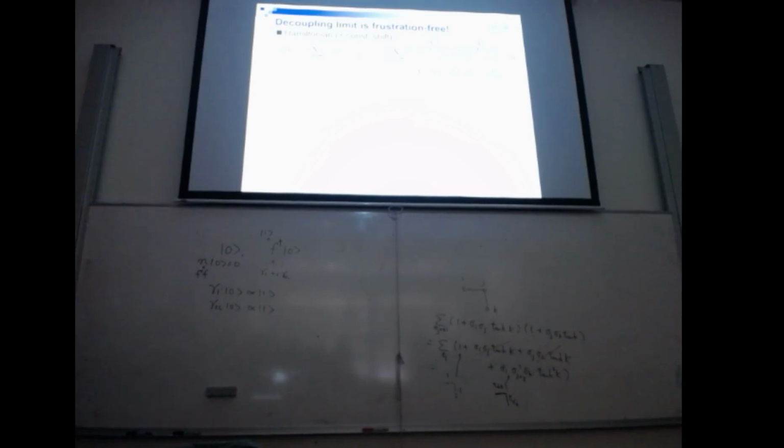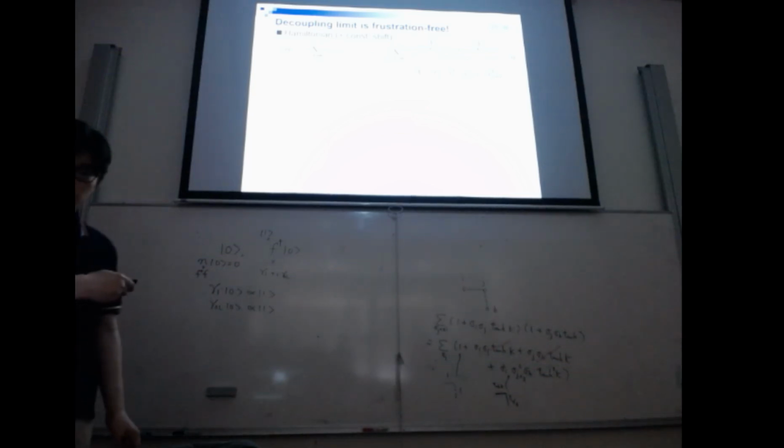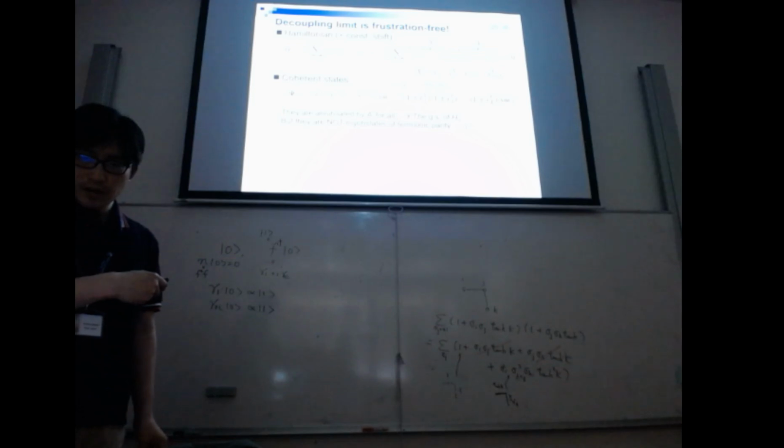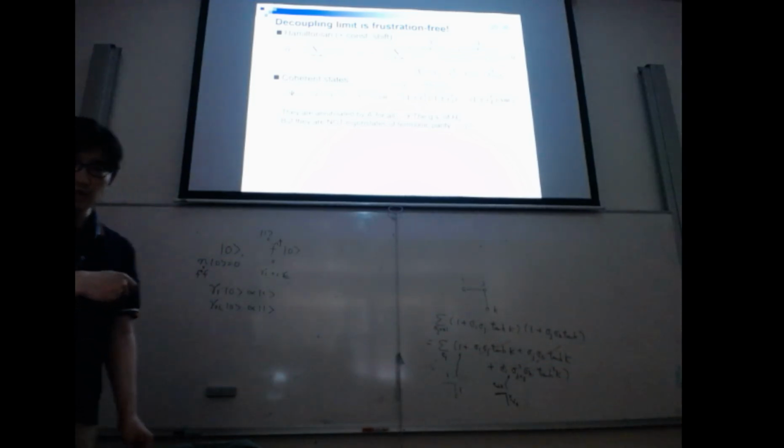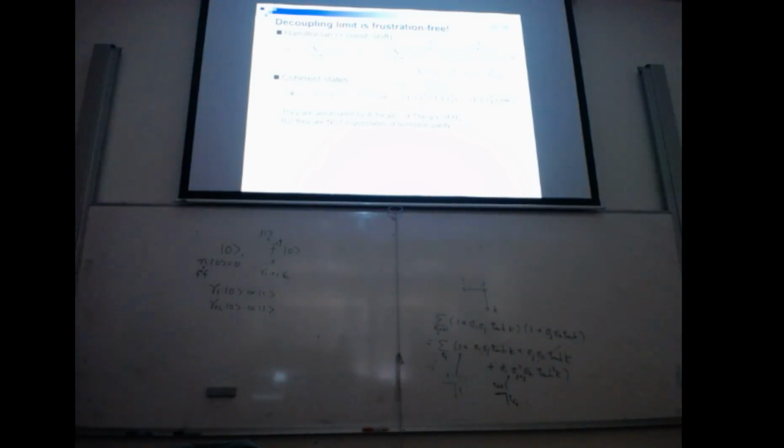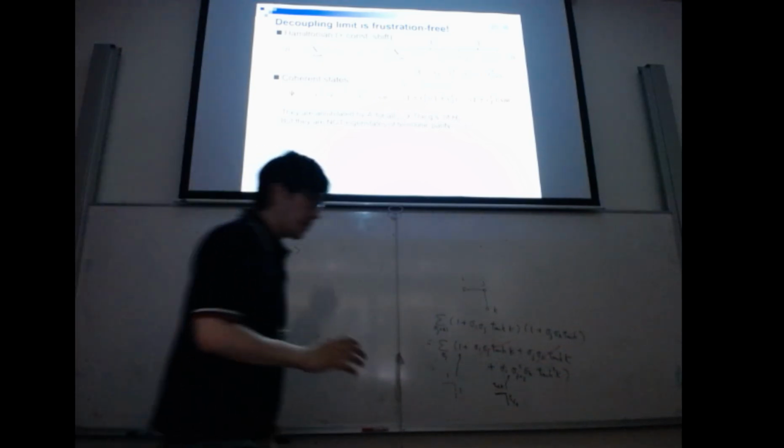In terms of spinless fermions, A_j looks like this, the sum of these four operators. Then you can show that this coherent state, psi plus minus, is a ground state of this H0. It's actually annihilated by all the A_j. Okay, let me prove it.